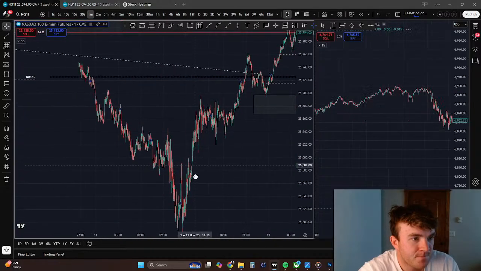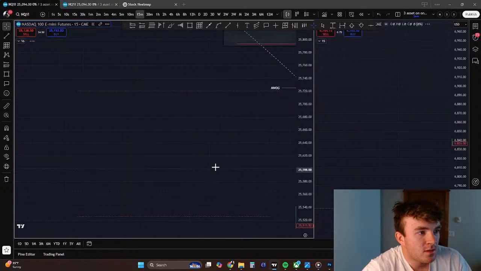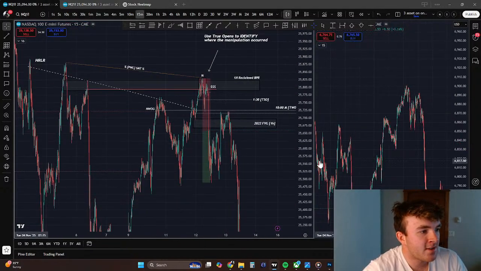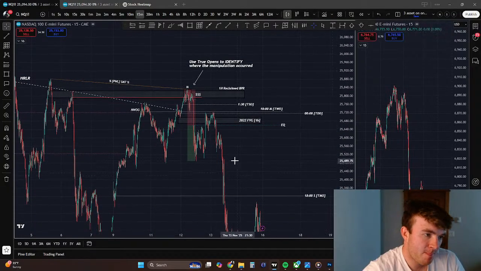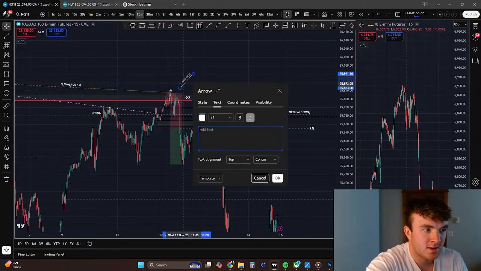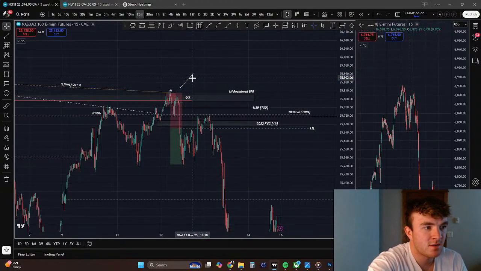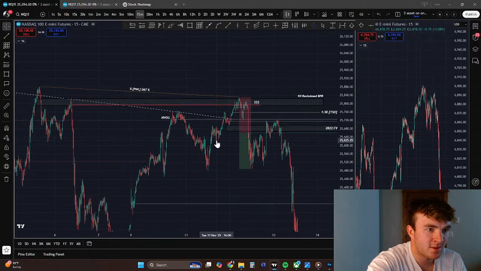Okay. My chart is so messy right now, and it's making me mad. Let's get rid of this, because that was just for the screenshot. Let's try and make things a little bit more clean here.